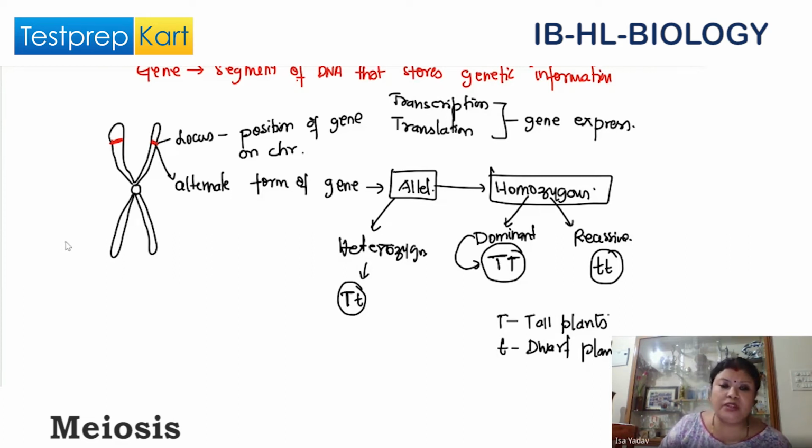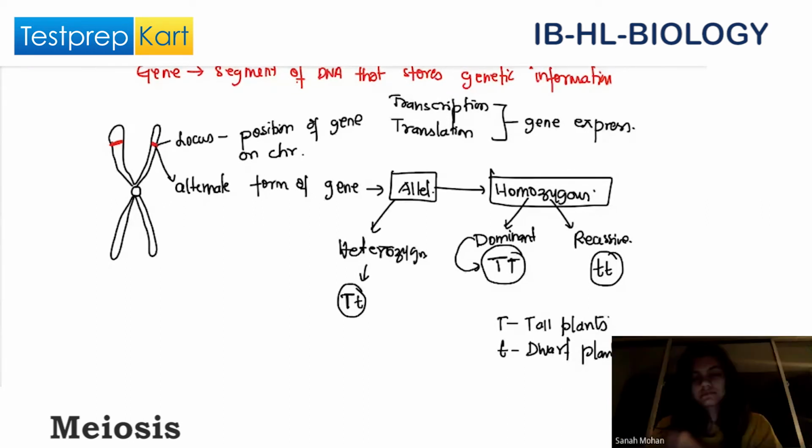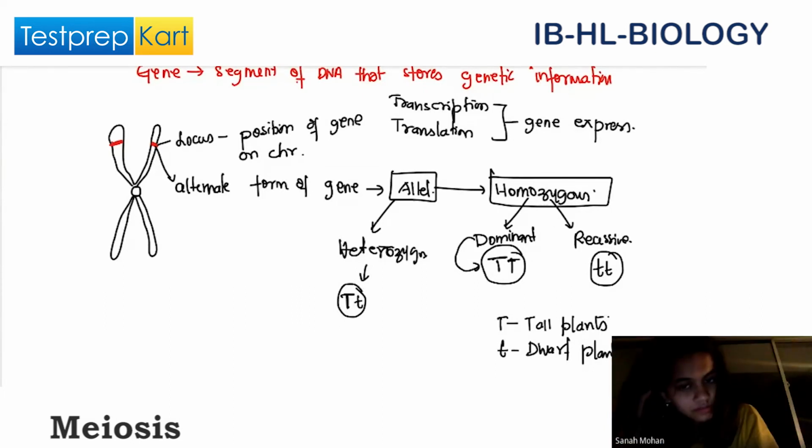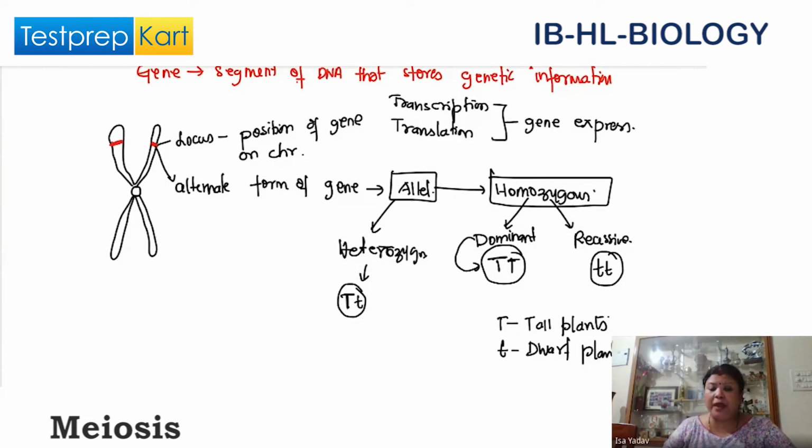Now you tell me one thing, Sana. Heterozygous, one capital letter, one small letter. What would be the phenotype or what would be the character of the zygote? Tall plant, Tt, tall plant. Why?